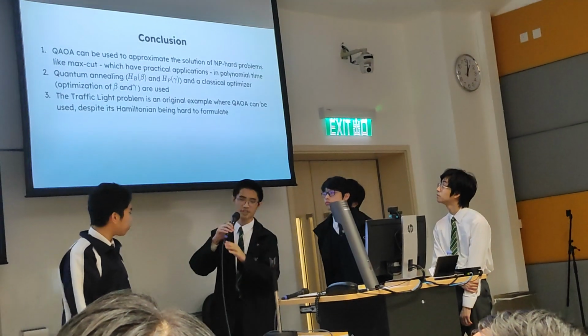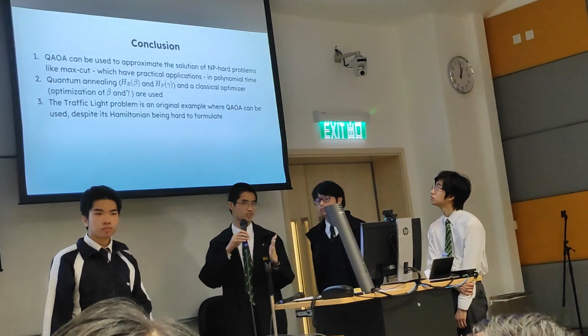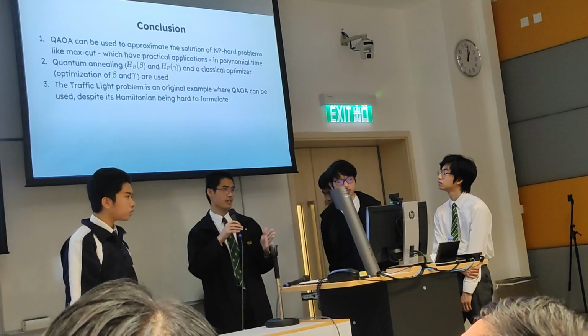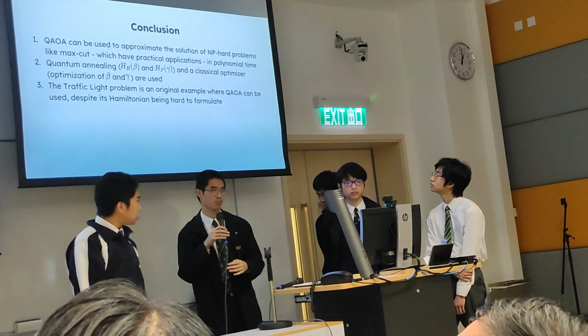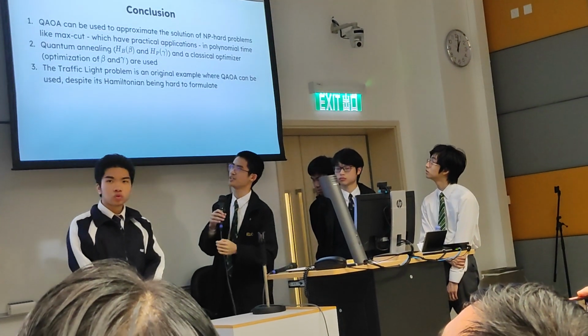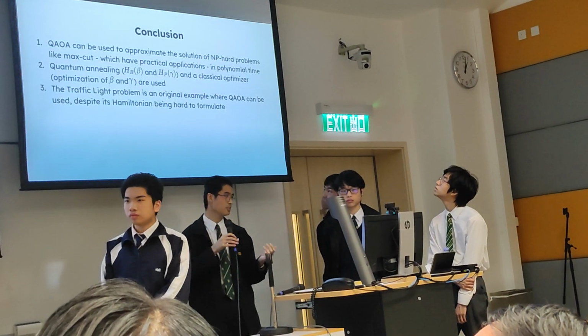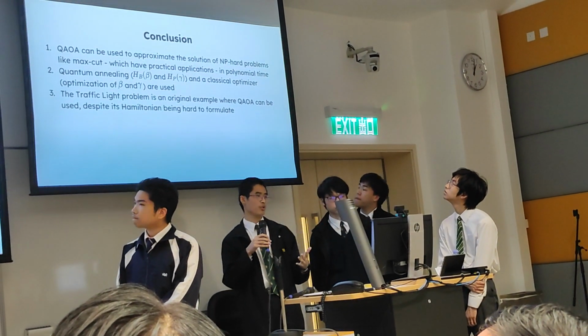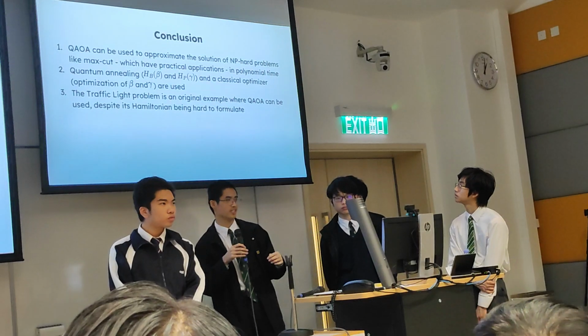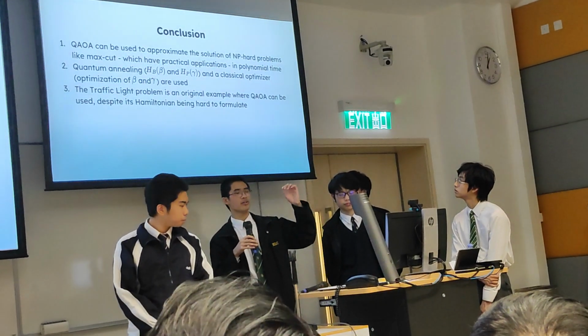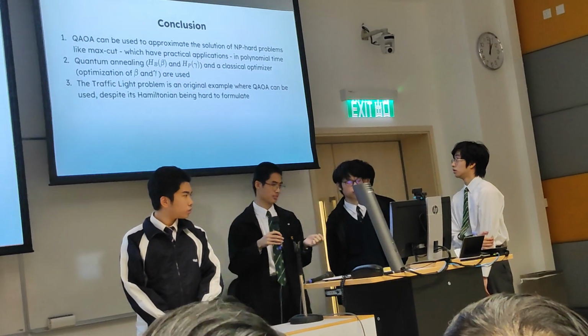In conclusion, MaxCut is a problem that can be solved efficiently with QAOA, and so can some other NP-hard problems, like, as aforementioned, the traveling salesman problem as well as the portfolio optimization problem. In QAOA, we employ a scheme similar to quantum annealing to find the optimal parameters.